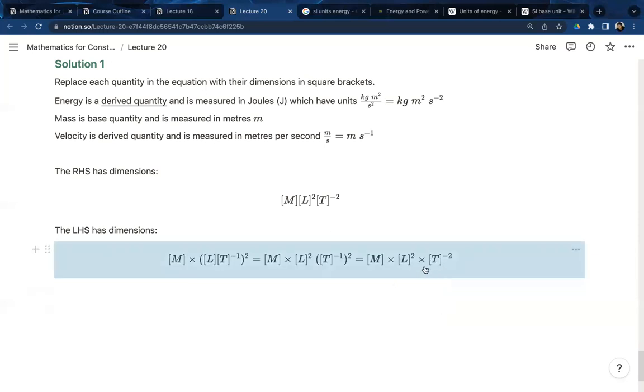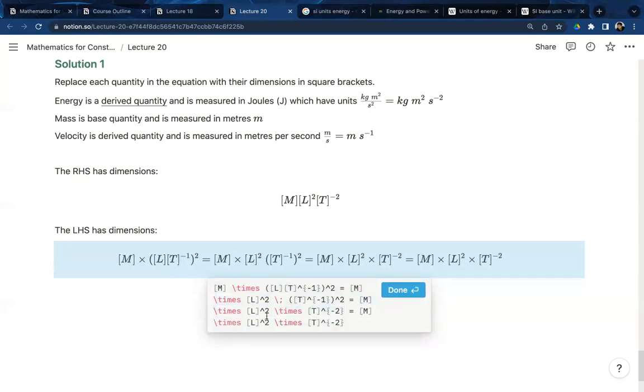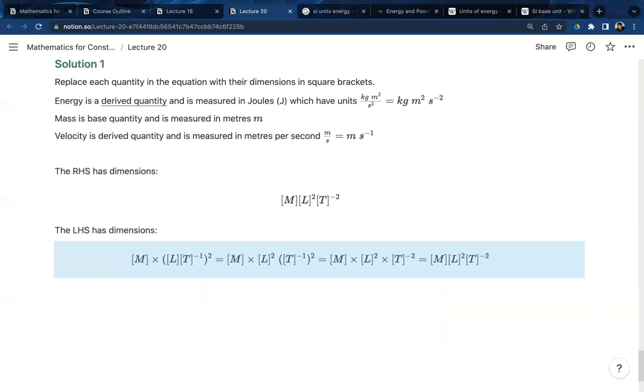And then you could take out all the minus signs and see this is M L squared T to the minus 2.